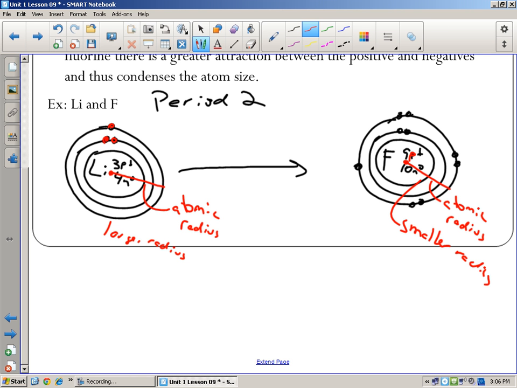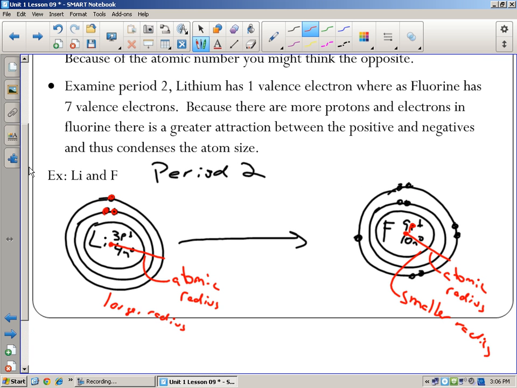There's more positives, there's more negatives, and it shrinks it down. It draws it in closer together because there's so many more attractions. So it shrinks it down, and that's what it tells you right here. The more protons and electrons in fluorine, the greater the attraction between the positives and negatives, and thus it condenses the atom.